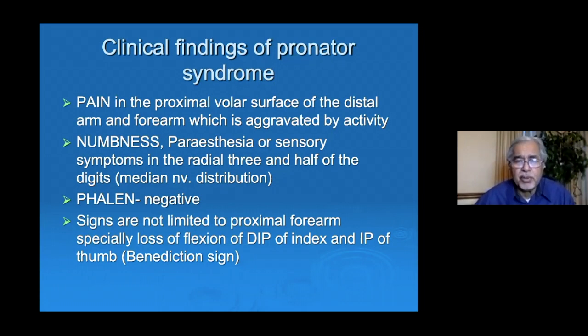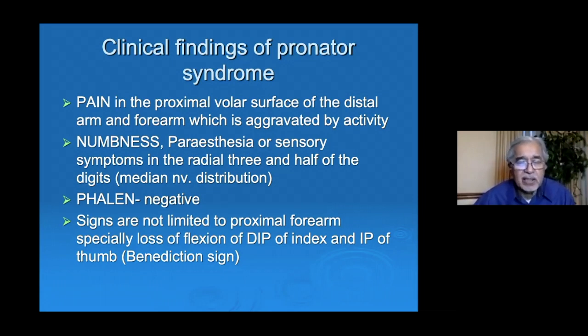Clinical findings of pronator syndrome would be pain in the proximal volar surface of the distal arm and forearm, which is aggravated by active muscle flexion. Numbness, paresthesia, or sensory symptoms in the radial 3.5 digits, namely in the median nerve distribution.